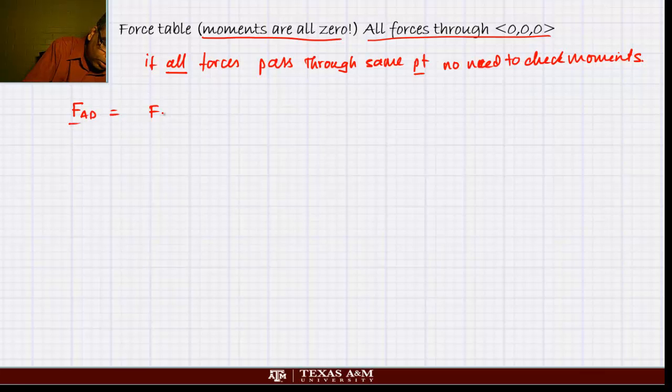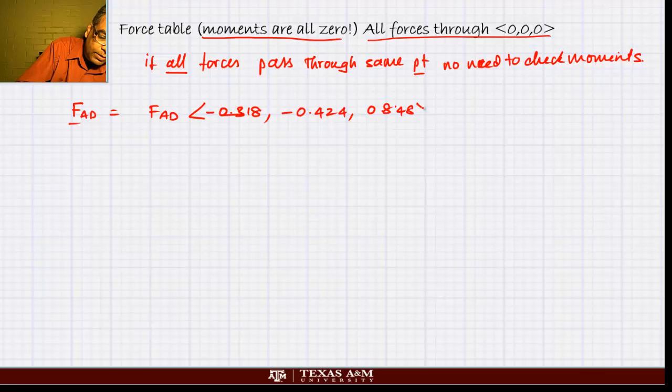FAB was unknown force times minus 0.318, minus 0.424 and 0.848. The next one, FAC equals FAC, again I don't know. So remember, this is FAC vector, this is magnitude, and this is direction.